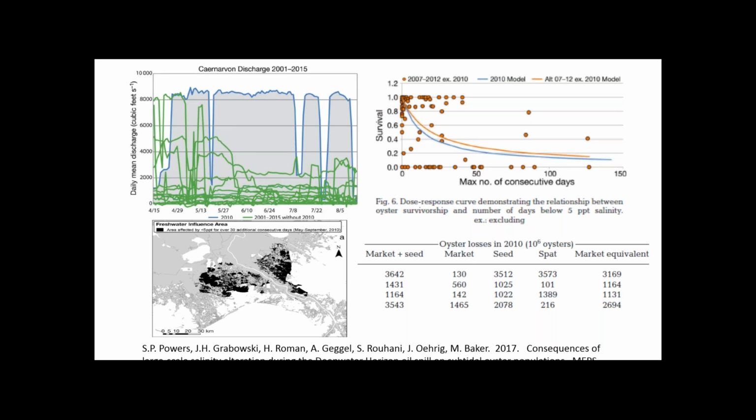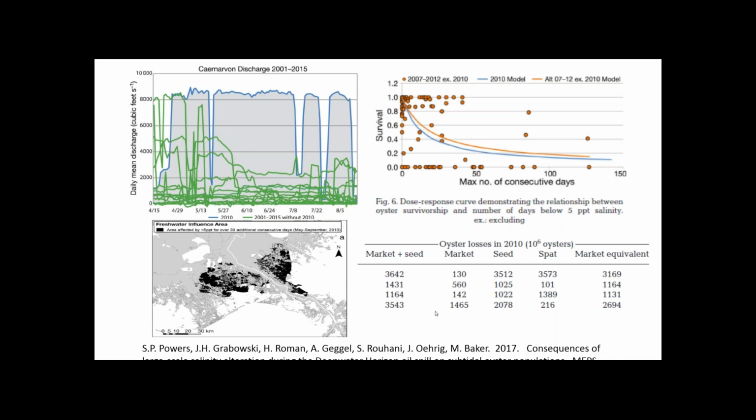One of the important aspects of what went on because of the freshwater discharges is the tremendous loss of oysters that occurred. The bottom line here is that you can see these areas of dark in the lower left-hand corner where there was lots of freshwater influence, particularly with the discharges.